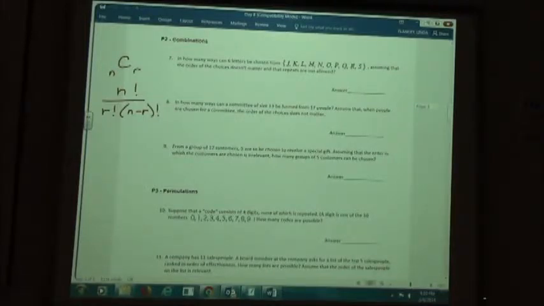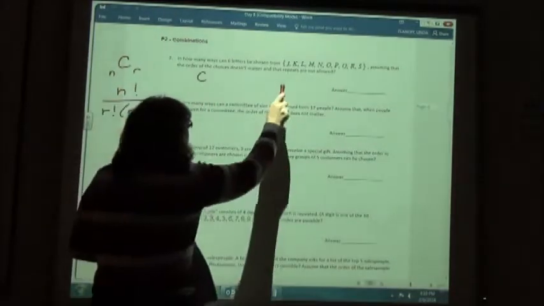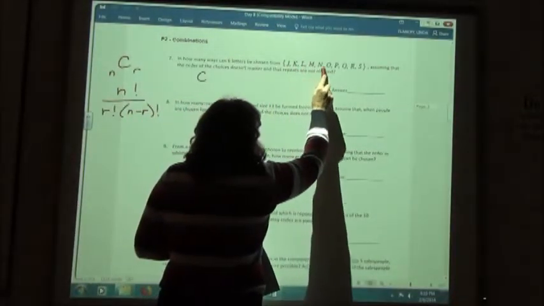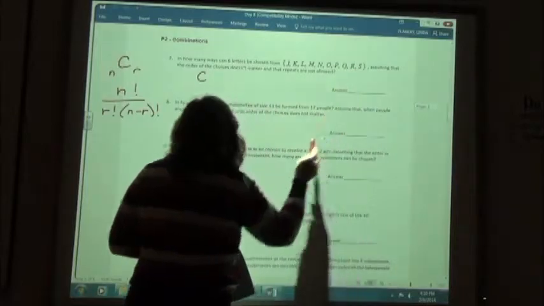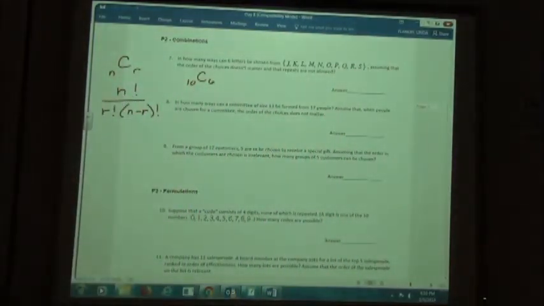So on number 7 it says, how many ways can 6 letters be chosen from J, K, L, M, N, O, P, Q, R, S, assuming that the order doesn't matter and repeats are not allowed? So I'm going to find the combination of, I have 1, 2, 3, 4, 5, 6, 7, 8, 9, 10 things on my list, and I'm going to choose 6 out of those 10.